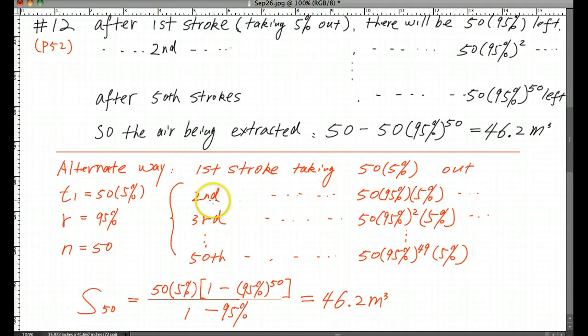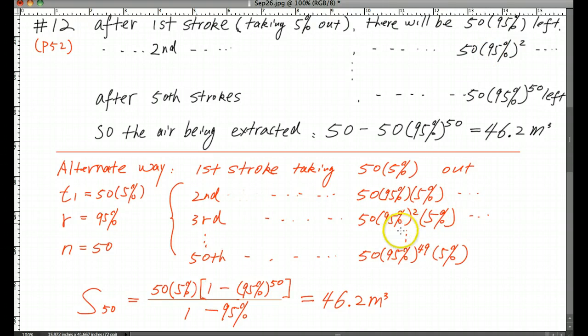And then the second stroke is another 5% of the air left. The air left is what we actually figured out here. So after the first stroke, we have that much air left. So on the second stroke, 5% multiplied by this is the air extracted. And following the pattern, the third time should be that much left, multiplied by another 5%.